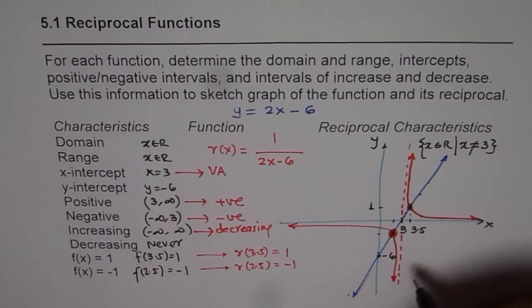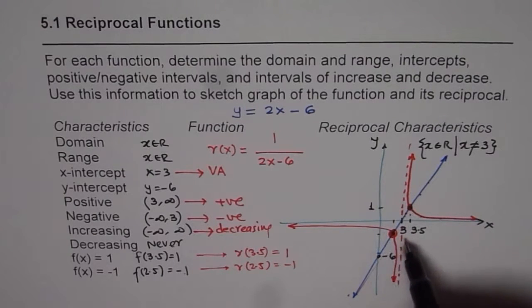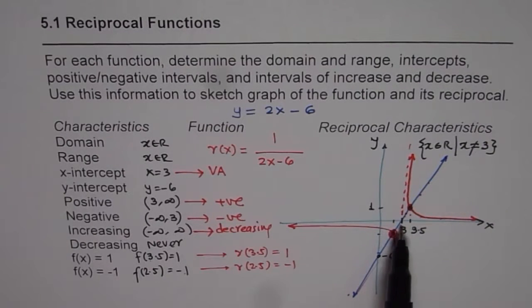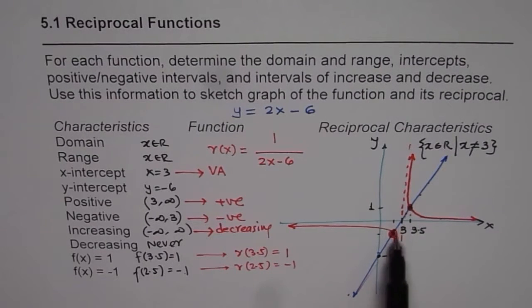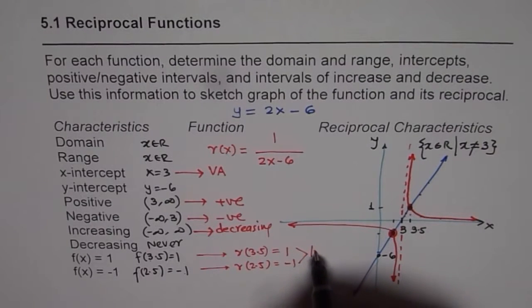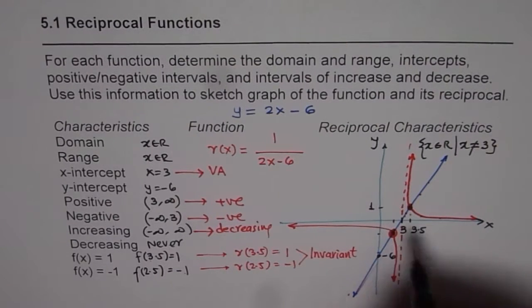So what we see here is that for a linear function, the reciprocal 1 over x is translated to the x-intercept. The important points we always consider are the x-intercept, which translates into vertical asymptotes, and the invariant points, which we call invariant since they are common to both the function and its reciprocal.